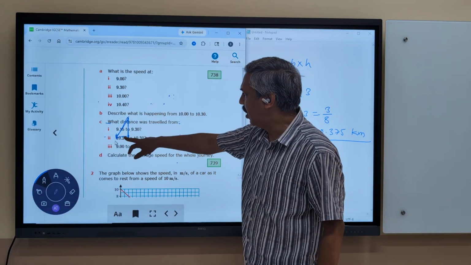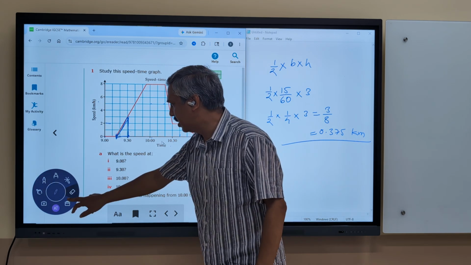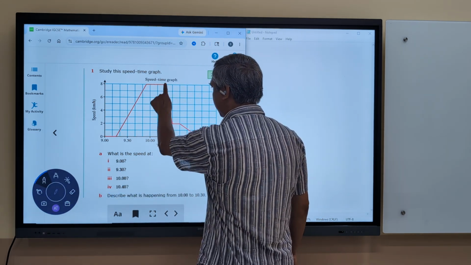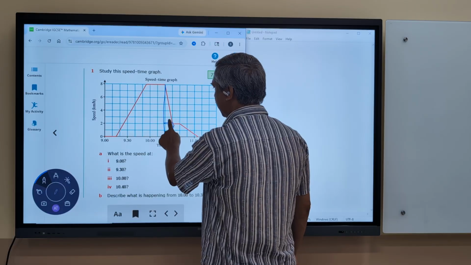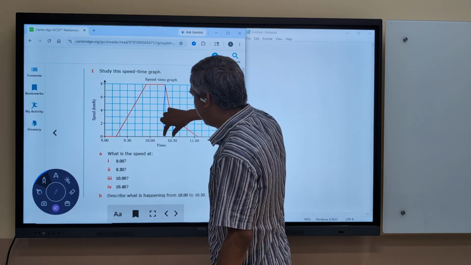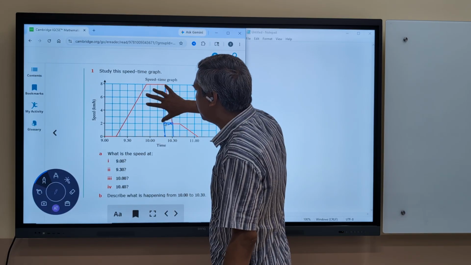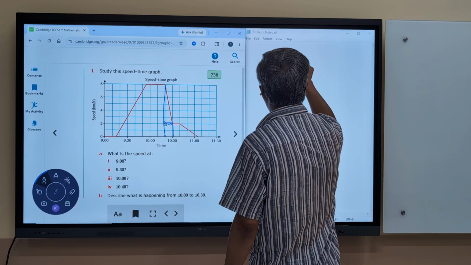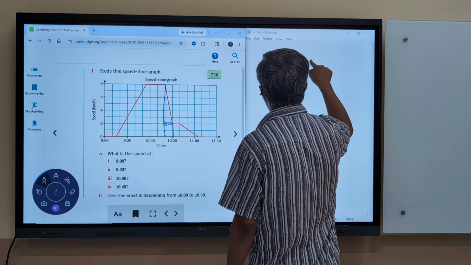Distance traveled from 10:20 to 10:30. Let's see this. 10:20 is here, 10:30 is here. The distance traveled is again the same, half into base into height. This is 10 minutes and this will be 6. So half into 10 upon 60 into 6.